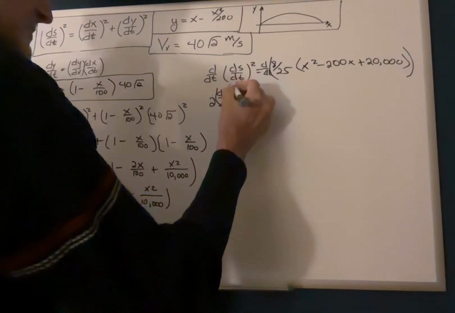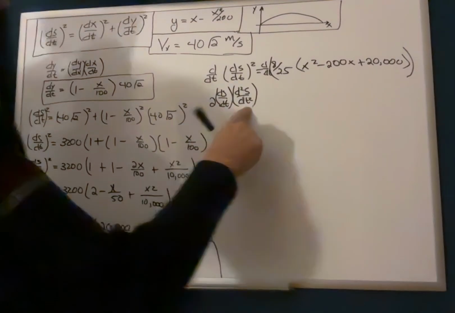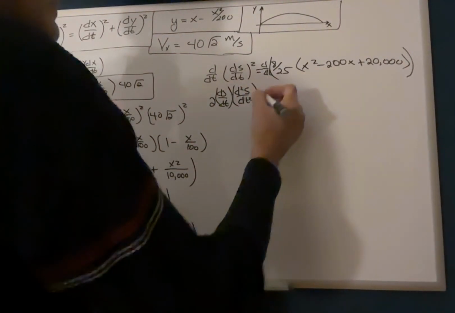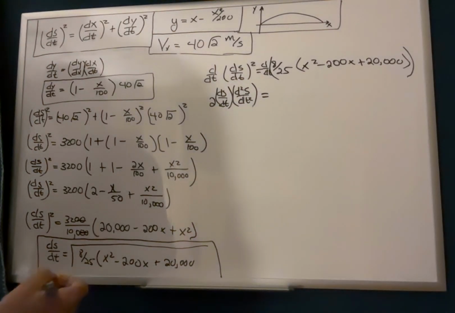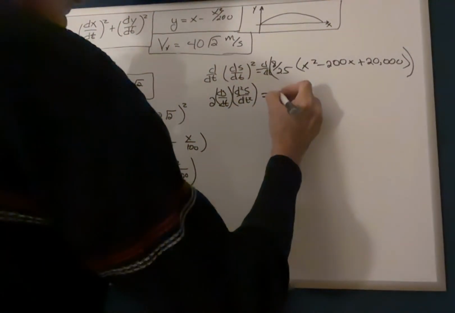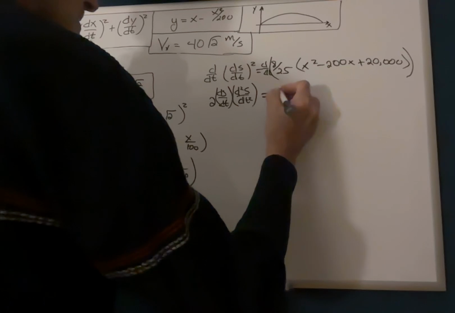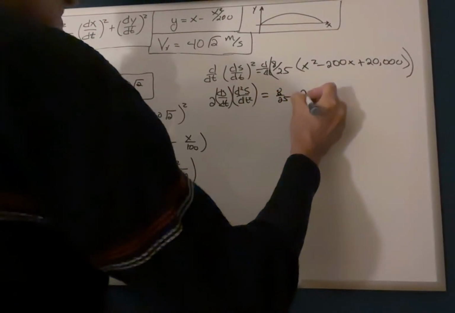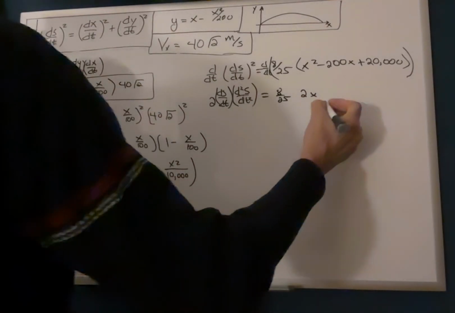And what is the second derivative of s? This is acceleration, and this is exactly what we're going to look for. So this is going to be equal to the derivative of this, which ends up being 8 divided by 25 times 2x minus 200.